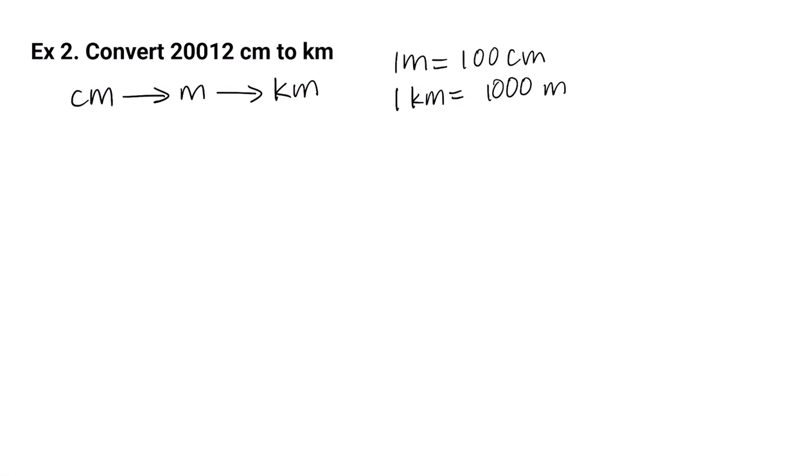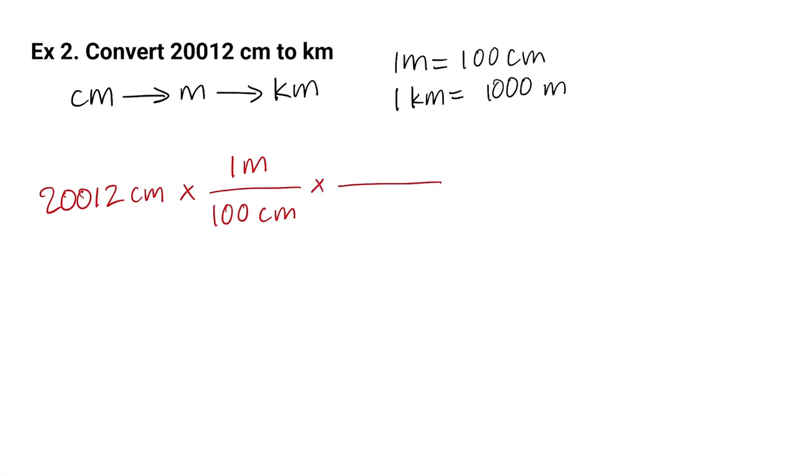Now we can set up our dimensional analysis with our given. So 20012 centimeters. Bottom units cancel. So 1 meter over 100 centimeters, and that is a definite conversion, so no need for sig figs for that. And 1 kilometer over 1,000 meters.